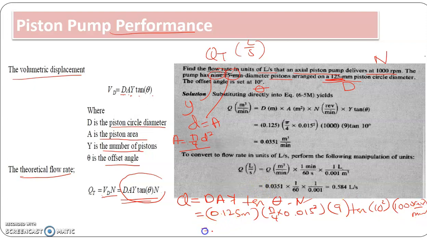So you will get the answer 0.0325 meter cube per minute.